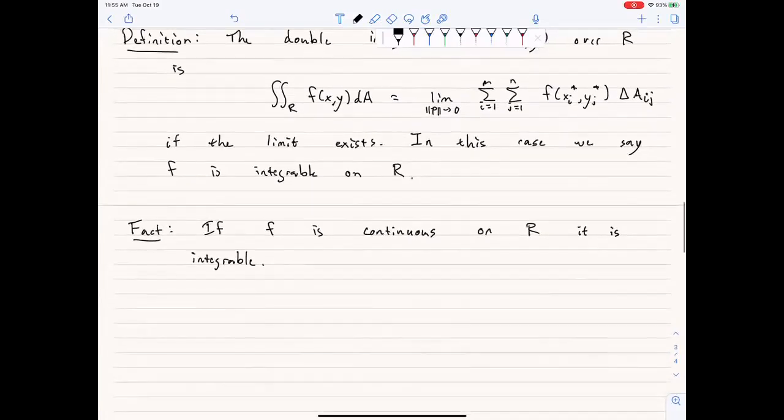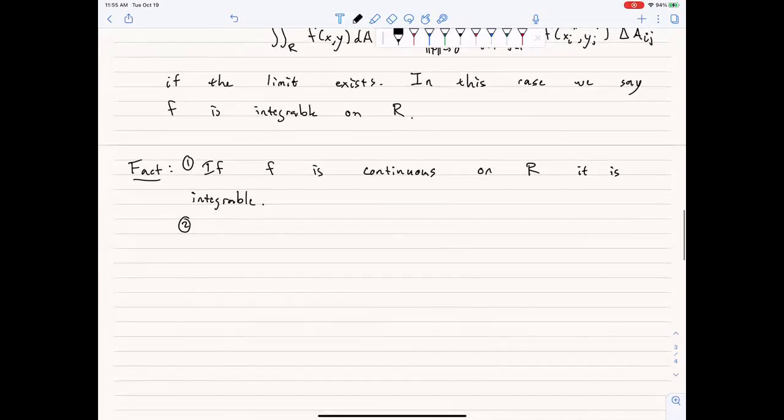And then all of the properties you would like for integrals, well, all the basic properties, I should say, are there for double integrals and triple integrals. So in particular, if you take the double integral of a sum, it's the sum of the double integrals. Here I'm omitting the x and y, but you can fill it in.